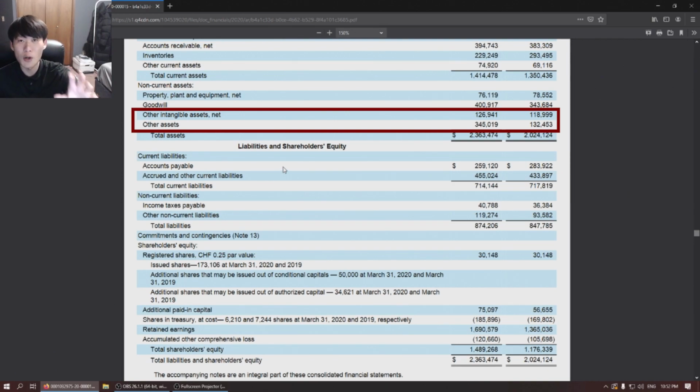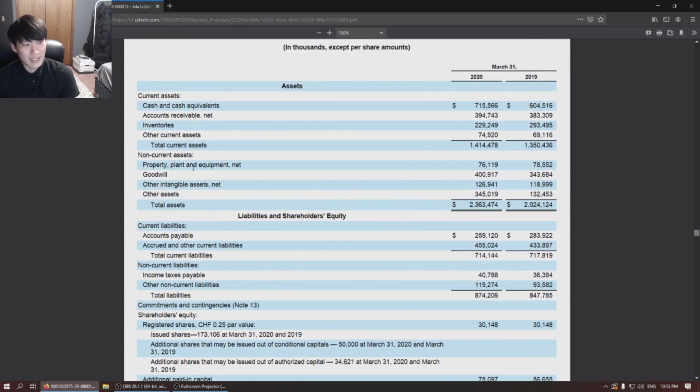They have some sort of patent on their product. That's what other intangible assets could essentially be. It could also fall under other assets. So this comes in at 126 million, almost 127 million. And then in other assets, you have 345 million. This could also be some sort of investment. And so, yeah, that is the assets portion.